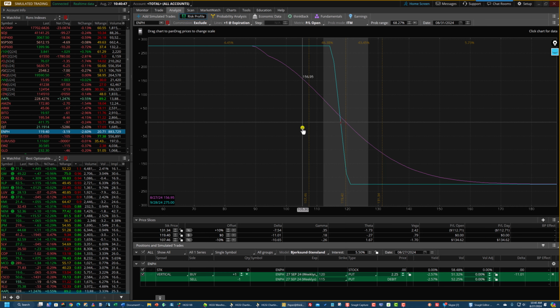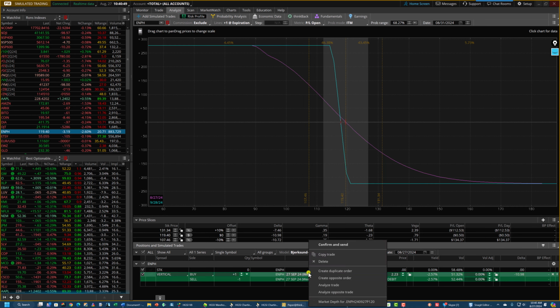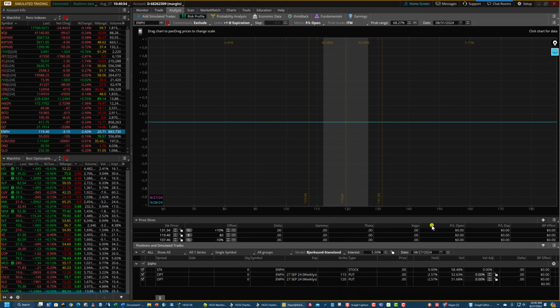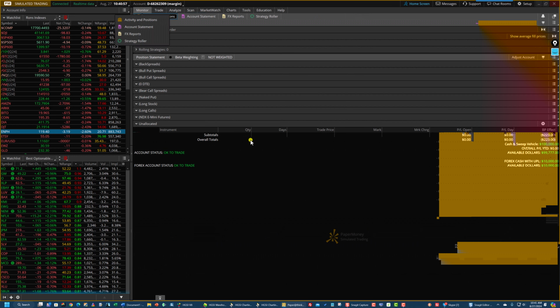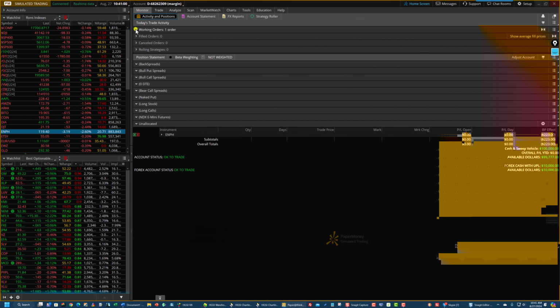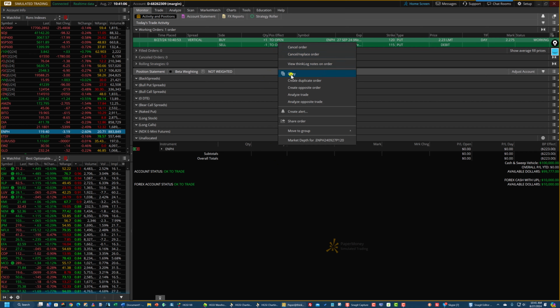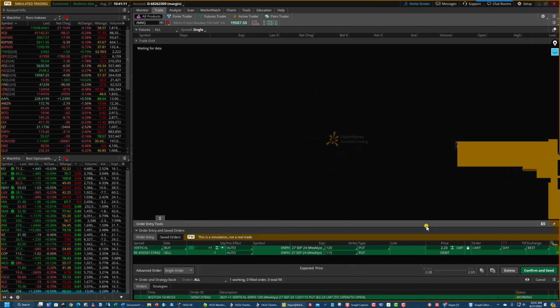So I'm just going to, let's see if we can get this filled. This is paper trade. Now it's 223, 227. I'm going to cancel replace.